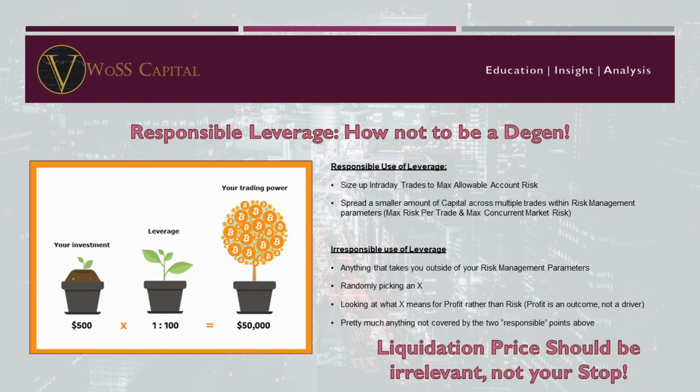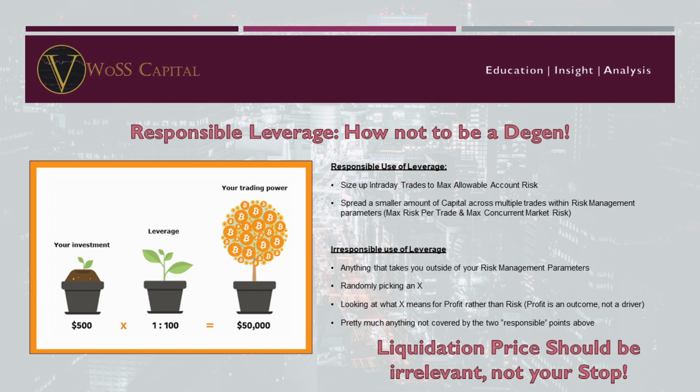It's still within your risk appetite because it's still below your 2%, but it's not consistent. So I want to make sure that all of my trades are exactly the same in terms of the maths of the sizing, so that every loss and every win gains or loses the same amount of the account, and that's how you grow the equity over time. So that's the first responsible use of leverage in my opinion.